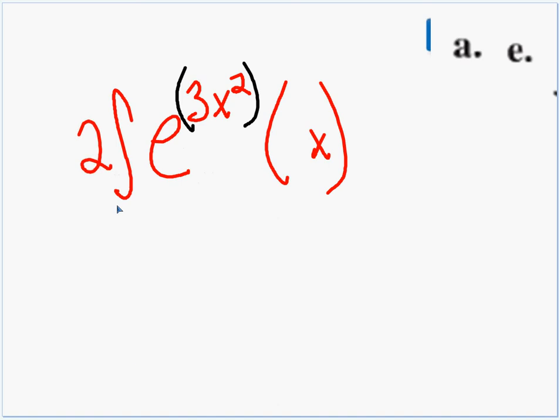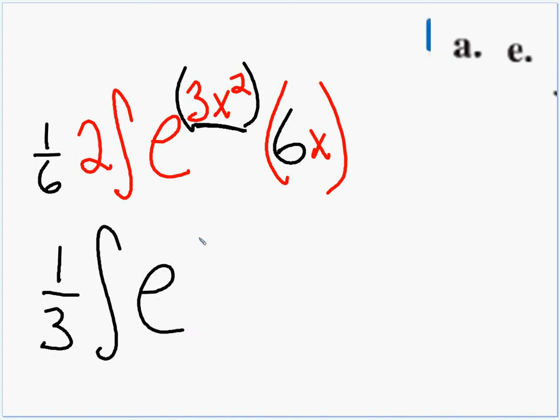We want a 6x to the first. So I'm going to put the 6 I need here, but we're going to balance it with a 1/6 out front. So now out here, we've got 2 times 1/6, or 2/6, or 1/3. The antiderivative of e to the 3x squared times 6x dx. I forgot my dx.